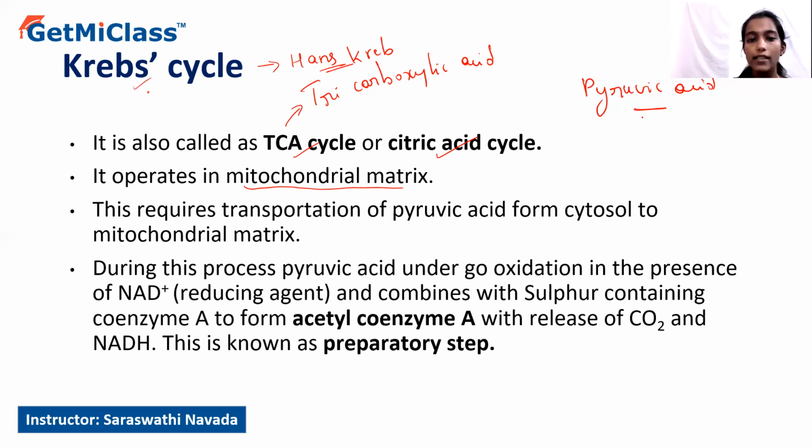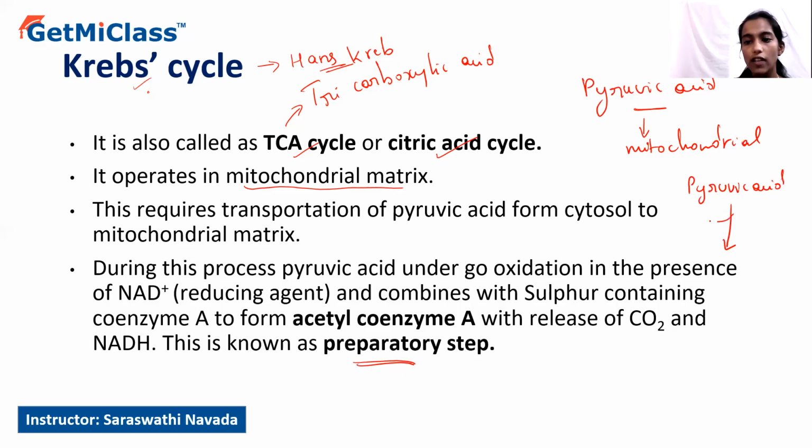This pyruvic acid has to be transported into the mitochondria. For that, it undergoes certain chemical changes, altogether called the preparatory step, also called pyruvate oxidation. In this step, the pyruvic acid present in the cell cytoplasm undergoes decarboxylation as well as dehydrogenation.